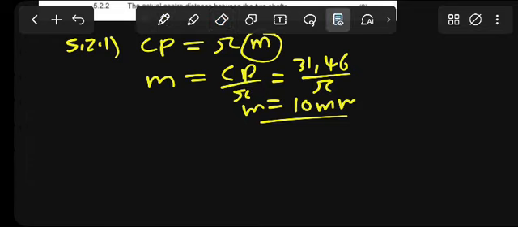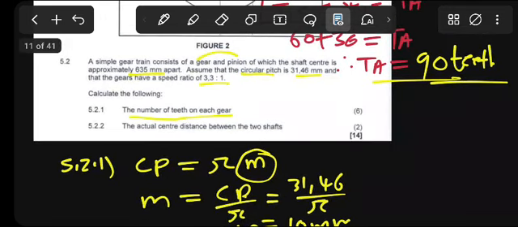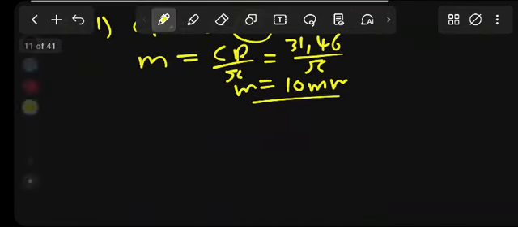We'll check which is the gear and which is the pinion. We have a gear and a pinion. The pinion will obviously be small.